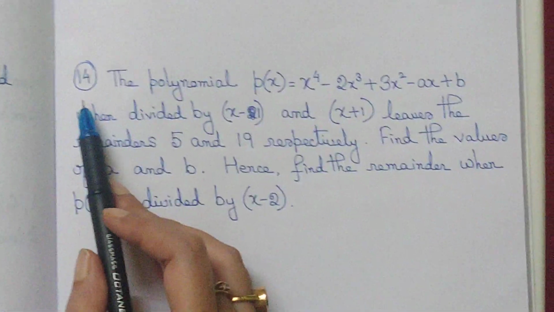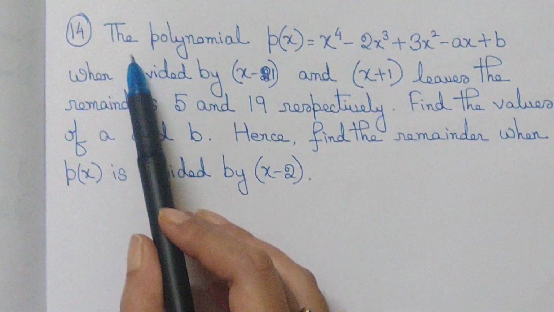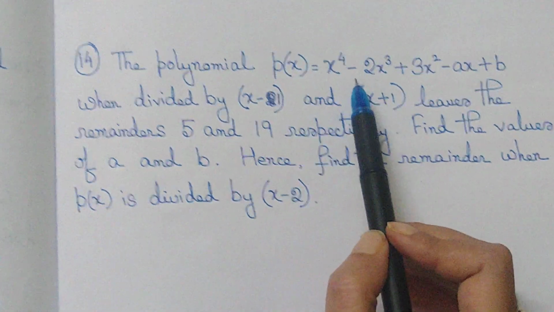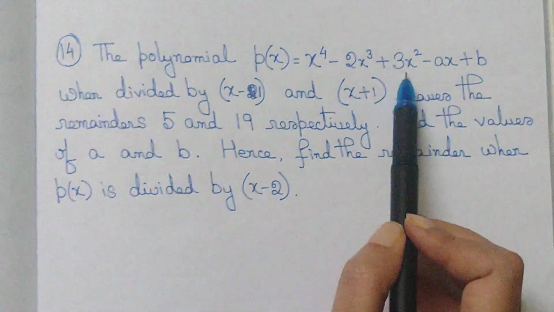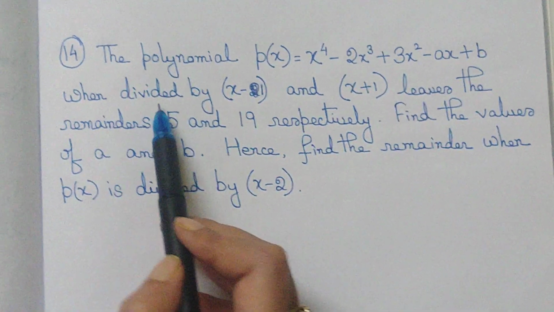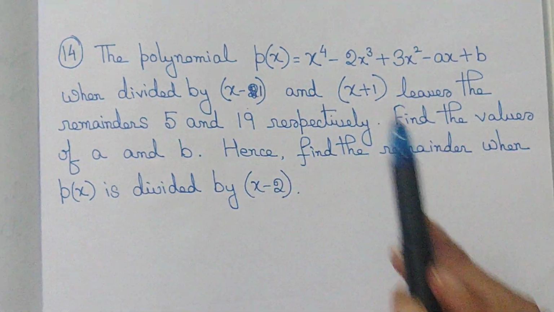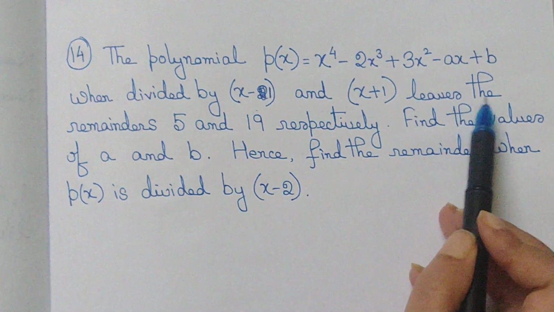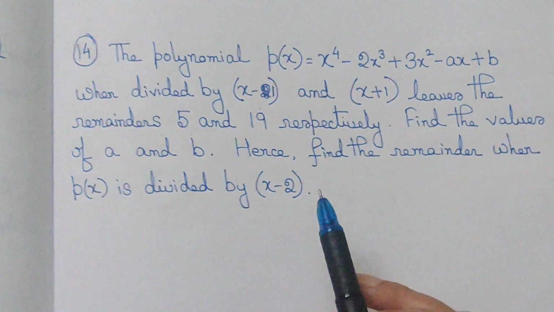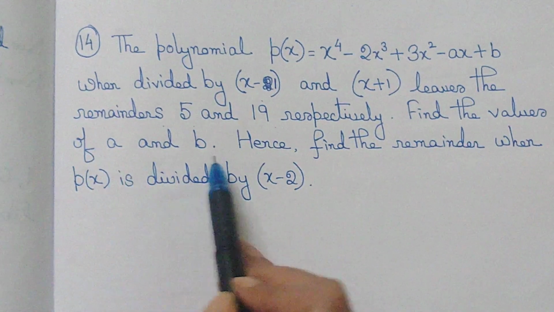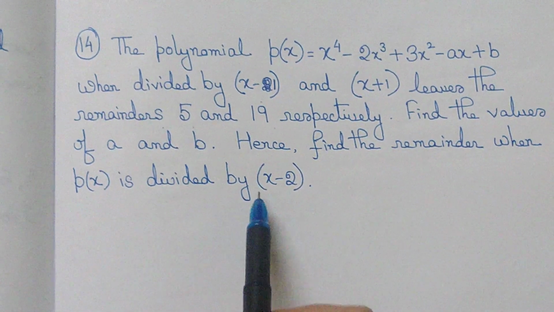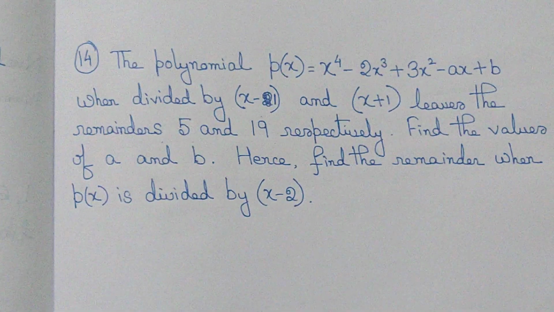Now we are going to solve the next sum. The polynomial p(x) equals x to the power 4 minus 2x cube plus 3x square minus ax plus b, when divided by x minus 1 and x plus 1, leaves the remainders 5 and 19 respectively. Find the values of a and b, hence find the remainder when p(x) is divided by x minus 2.